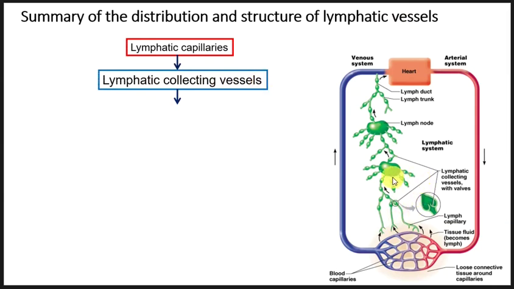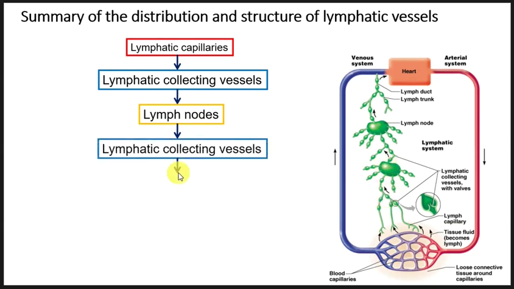The bigger ones are lymphatic collecting vessels. Then from here you find the lymph nodes, lymphatic vessels, lymph nodes. Then from lymph nodes you continue like here. These are other lymphatic collecting vessels.